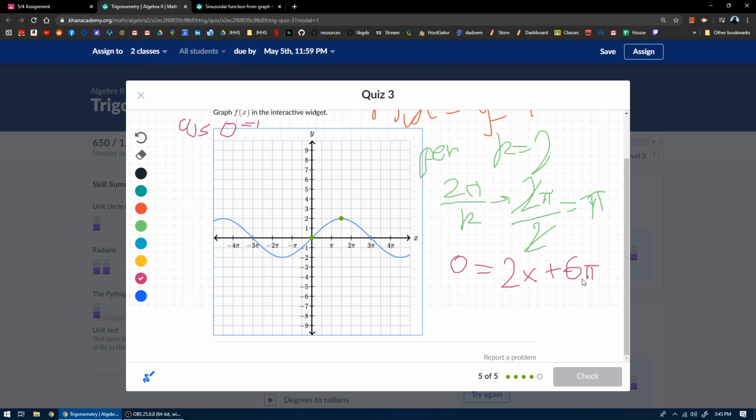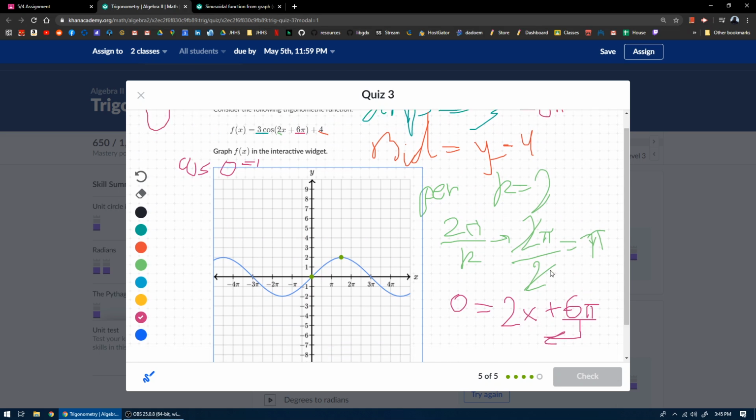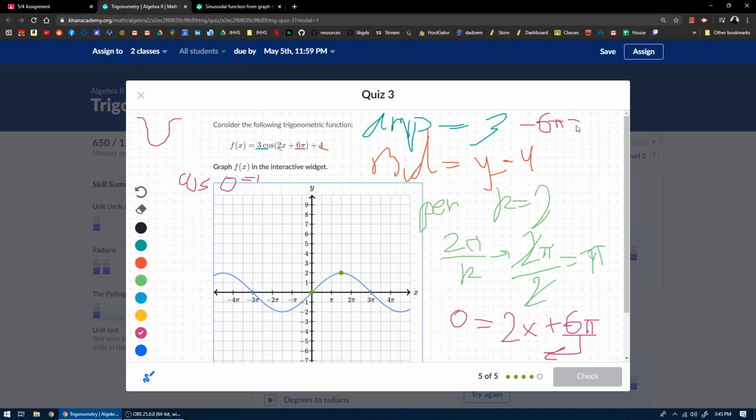Now I'm just going to do this algebraically. Move this over. So I have negative 6 pi. I move this over to the other side, make it opposite. 2x. So I undid this. I'm going to undo the multiplication, so divide by 2. Negative 6 divided by 2 is negative 3. I have a pi over here.